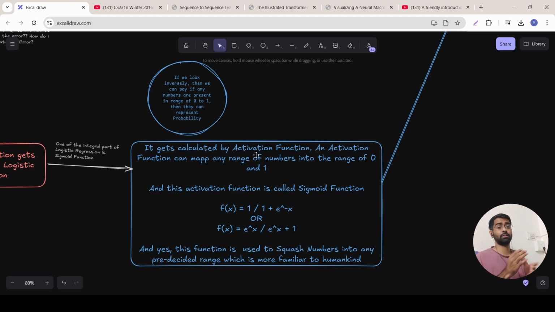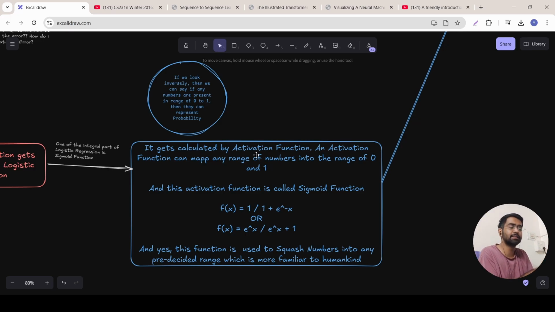That is crazy. What I understood yesterday is that we can convert any set of numbers in a given data range, let's say 0 to 1000, 1000 to 2000, minus 100 to 100, into the range of 0 to 1.